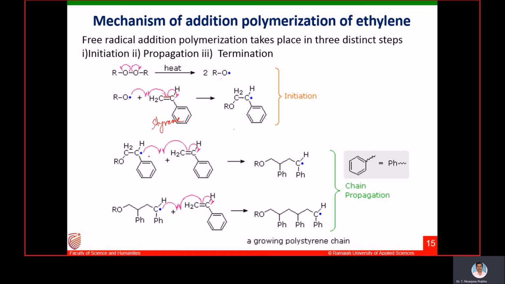This radical monomer, you can see here, attacks the double bond of the new monomer and forms a bond with this. Okay, bond between this carbon and this carbon. Okay, and another electron goes out here. So now you can see, CH2 is here, CH2 is here, this is C6H5, this is C6H5.